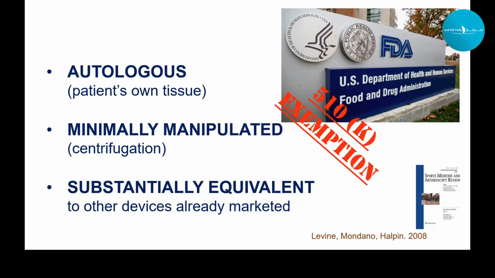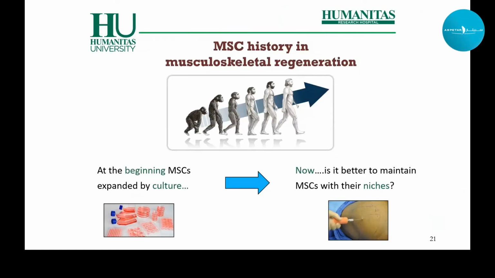What does it mean? It means it's not going out of the operating room, and you're not adding any type of things that can manipulate or alter the cells, and it has to be substantially equivalent to other devices. And we are also talking about the homologous use of these tissues, which is still very controversial.